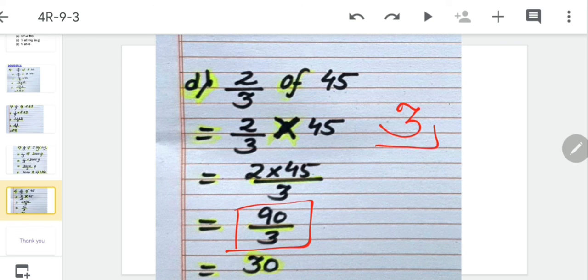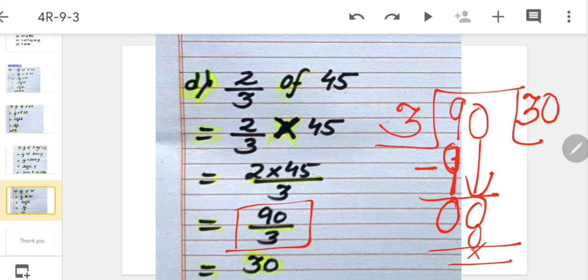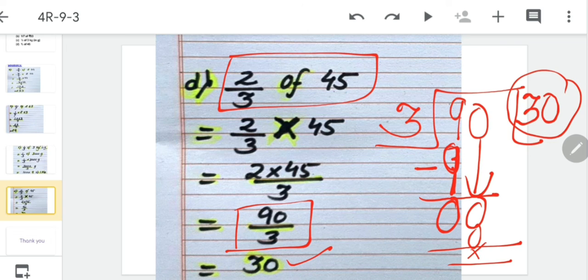So when we divide 90 by 3, for 3 multiply with 3, we will get 9. 9 minus 9 gives us 0. Now for this 0, we have to place a 0 here. Now we have nothing in remainder, so our answer is 30. So that means 2 by 3 of 45 is 30.